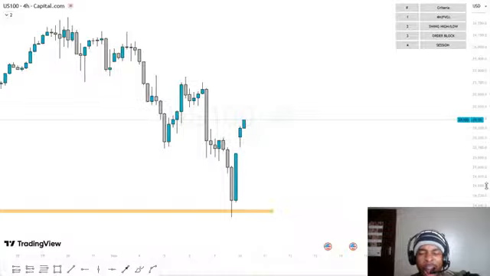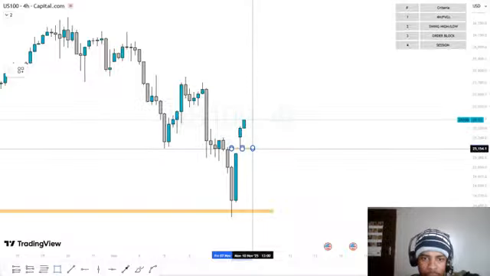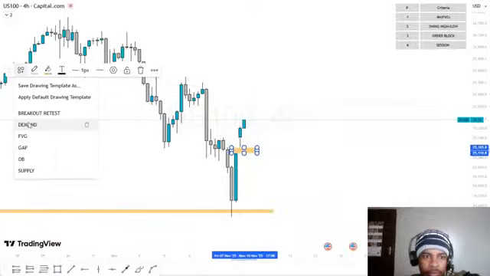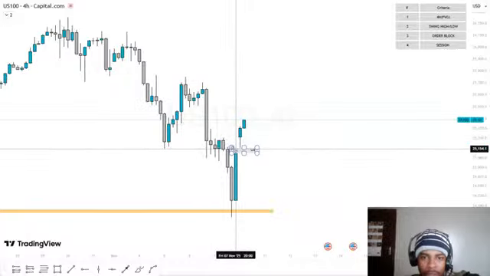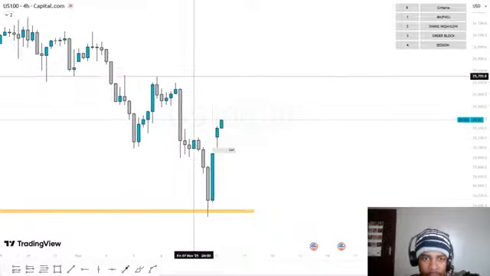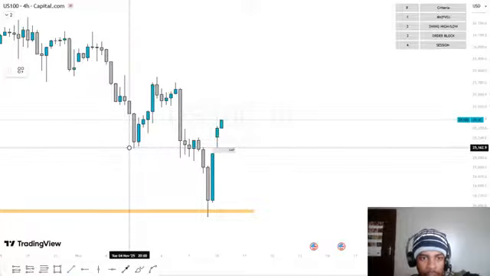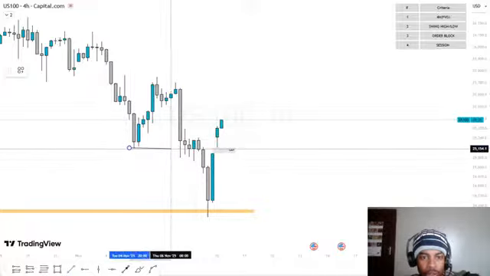After finding my 4 hour fair value gap, I noticed that the market created a huge gap right here. Every time the market creates a gap, it normally comes back and retests that gap to close it.